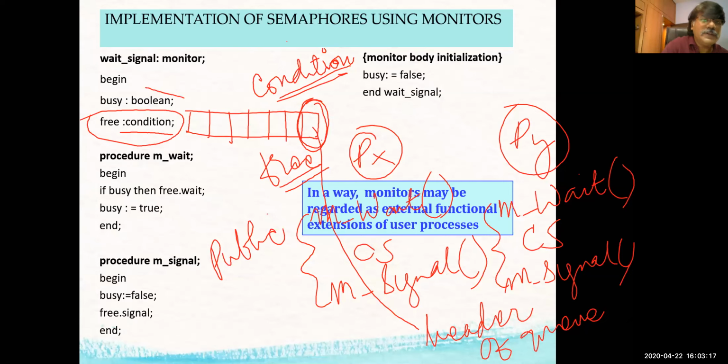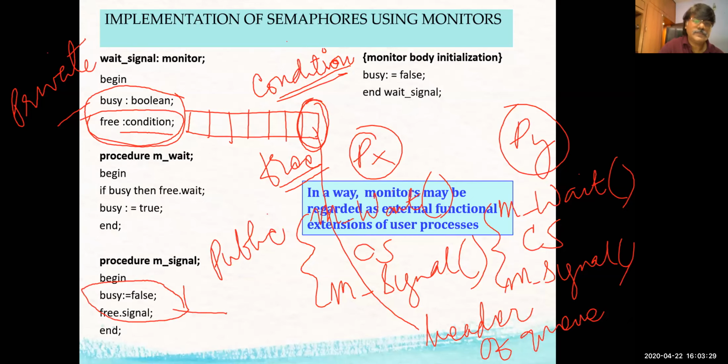So these variables and these conditions are private to the monitor. They cannot be accessed by outsiders. And these variables can be initialized only by the monitor. So busy is set to false by the monitor only. You cannot set busy to false or true using an outside process.